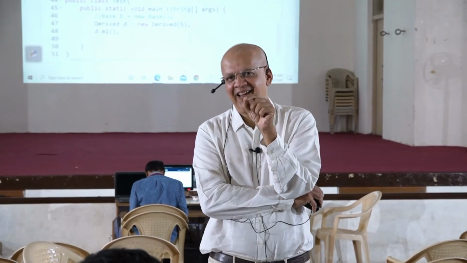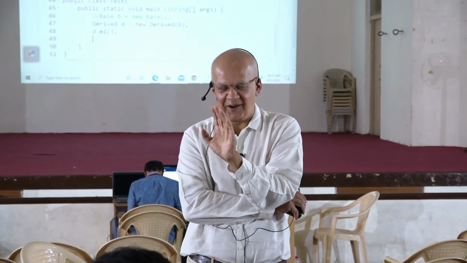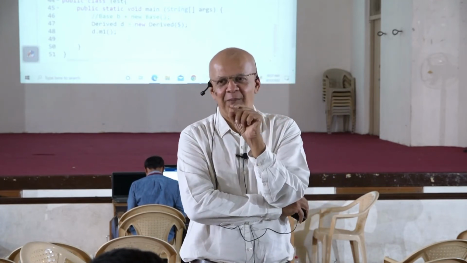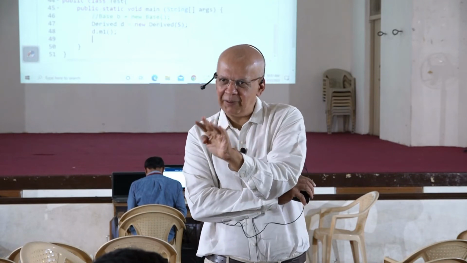So in C++, same situation, similar situation, of course with the language being a little different, when I say D dot M1, no, you're right. It is the derived class M1 which will be getting called. So, you're right, okay. I wanted to just probe a little bit. So, D dot M1 will be derived class.